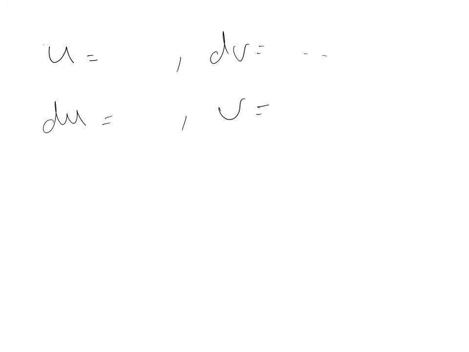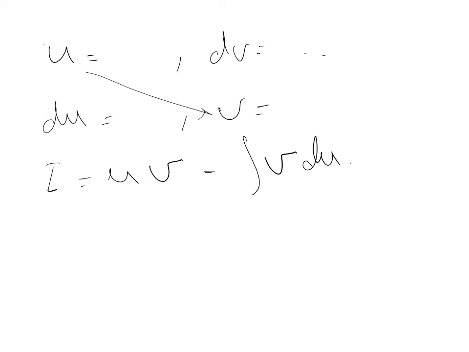Okay, our integration will be uv, as we said fg, minus the integral of v du. Okay, we're going to take an example to illustrate the point we said now.